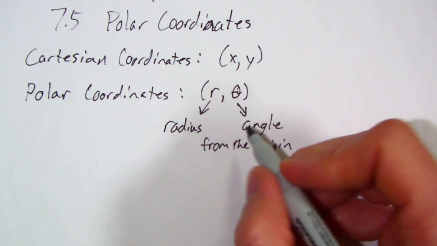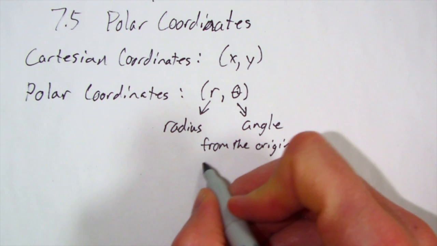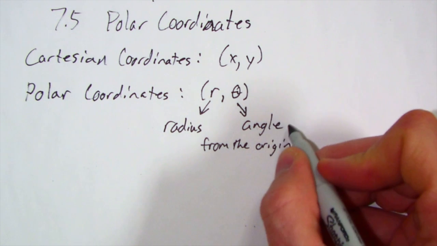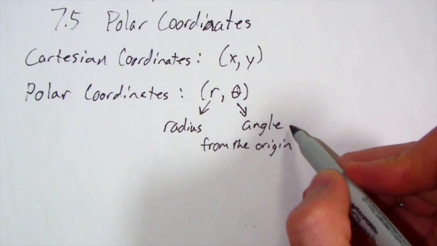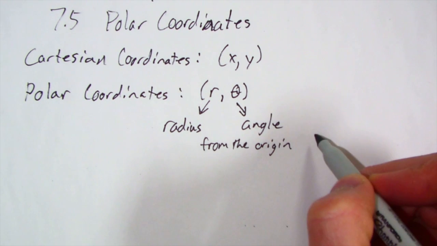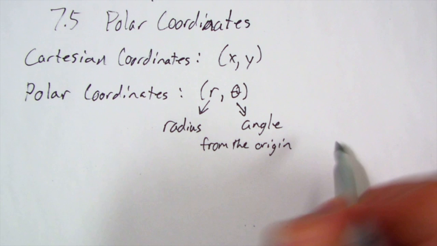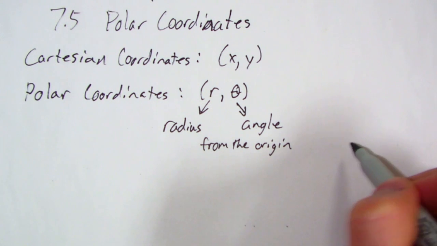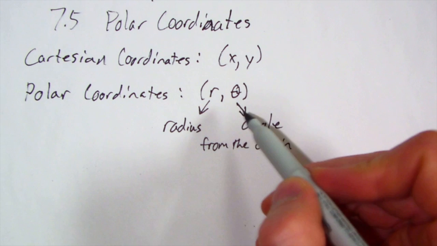The radius is from the origin, and the angle is your usual angle measures, so degrees or radians based on 0 is out to the right on the coordinate plane. And so you're kind of used to this already in a way.